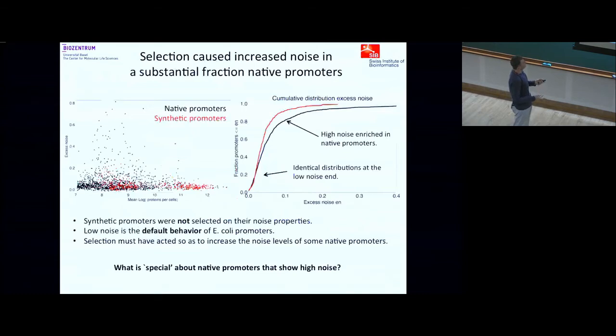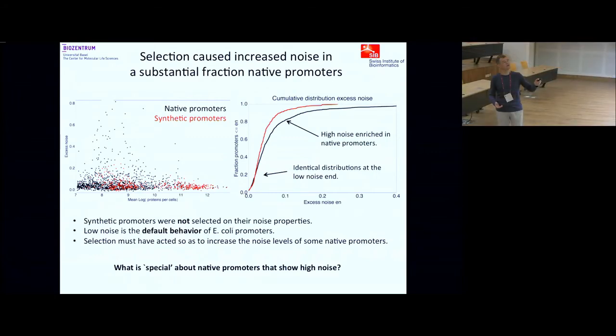And so to our surprise, so these are the red dots here. So the red dots show you the mean and excess noise variance of these synthetic promoters. And we had really expected that these promoters were going to be much noisier than these E. coli promoters that have all this time to be selected. But in fact, if anything, we saw the opposite. All right, so all these promoters are near this lower bound.